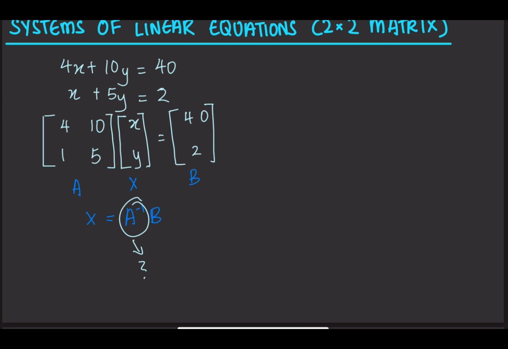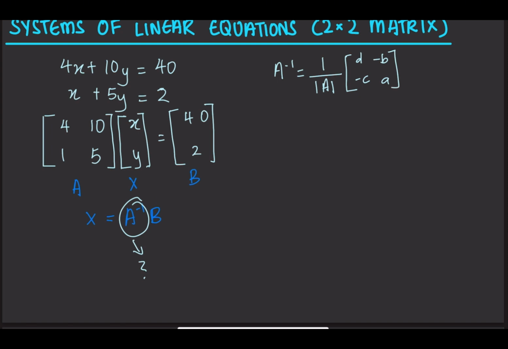As we have learned, the inverse, A inverse, equals 1 divided by the determinant of A, multiplied by the matrix D, negative B, negative C, A. This is how you find it.